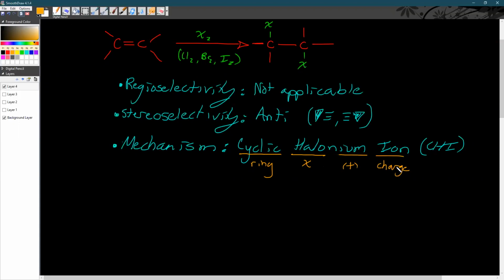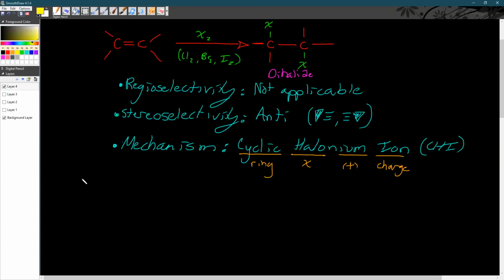So we're talking about a ring which has a halogen in it, and the halogen contains the positive charge. This might seem a little bit weird right now, but when we go through it, it'll make sense. And the product that we're going to be describing is something called a dihalide.